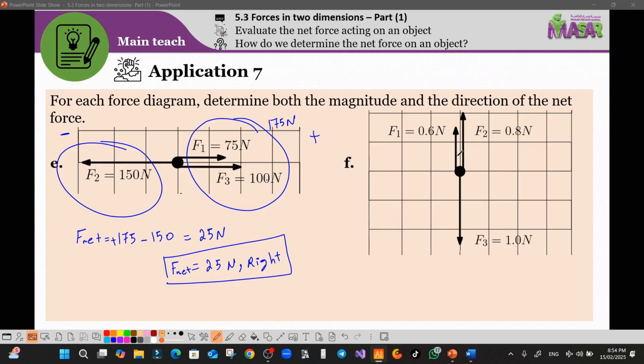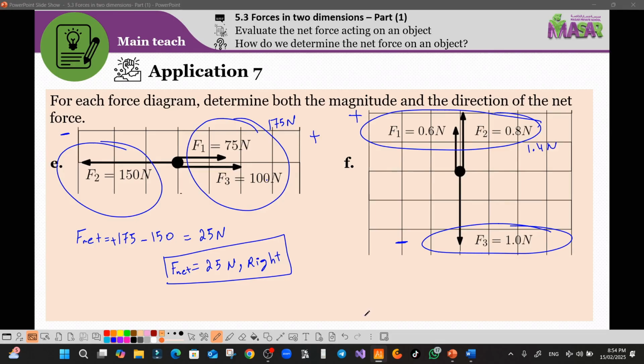Now here also we have two forces pointed in the same direction, so we can combine them together. 0.6 and 0.4 is just 1.4 Newton. And this force is directed in the opposite direction.